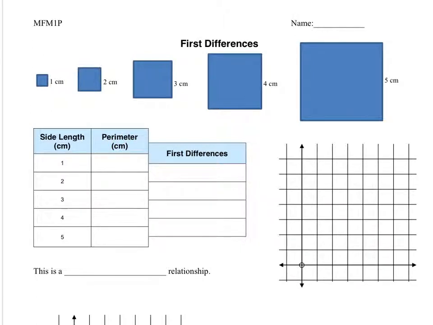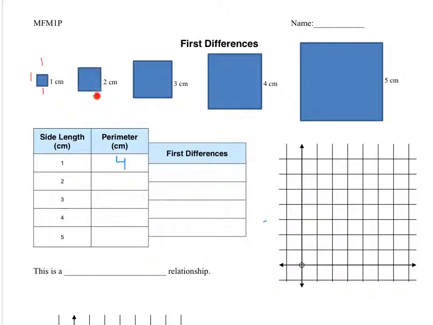Well, if you recall, perimeter is just adding the lengths around the sides of the square. So in the first square, we have 1 plus 1 plus 1 plus 1, so the perimeter is 4. Another way of doing this is to use the fact that we have 4 sides of equal length 1, so we can go 4 times 1, which is 4 centimeters.